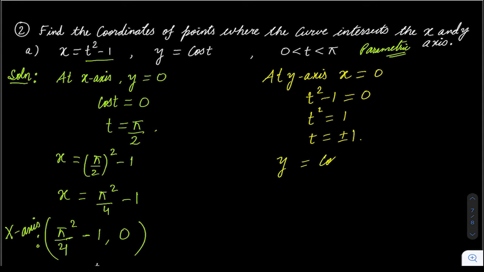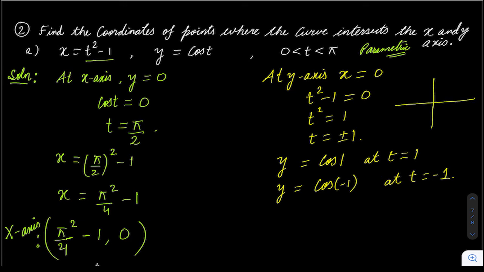Y value is cos of 1 at t equal to 1, and y is cos of minus 1 at t equal to minus 1. Now if you have studied a little bit of trigonometry, then you understand that this is my cos graph.